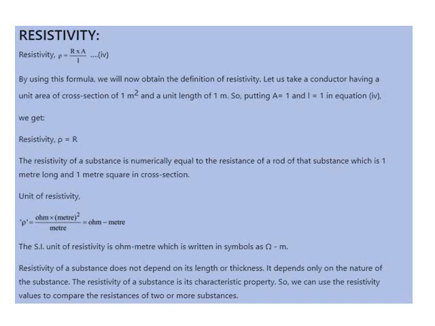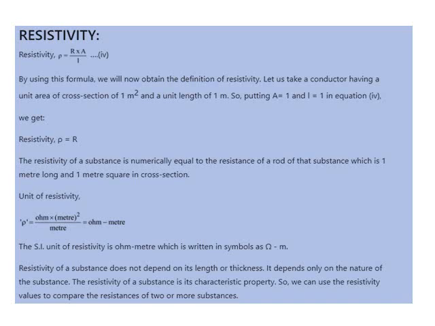By using this formula, we will now obtain the definition of resistivity. Let us take a conductor having a unit area of cross section, that means 1 meter square, and a unit length of 1 meter. So substituting A equal to 1 and L equal to 1 in the above equation, we get rho is equal to R.